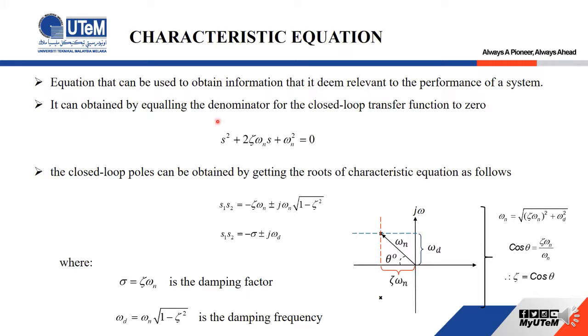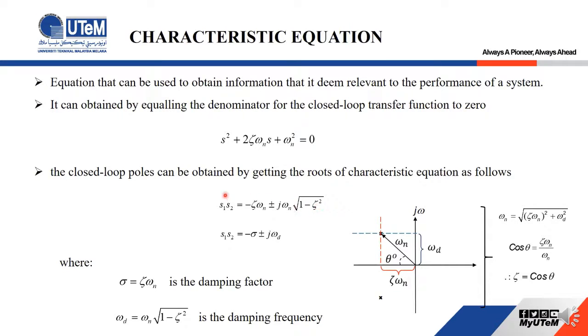From this equation, the closed loop poles can be obtained by getting the roots of the characteristic equation. We just factorize and then we get the closed loop poles. The closed loop poles for this characteristic equation are s1, s2 equal to negative zeta omega n plus minus j omega n times square root of 1 minus zeta square.